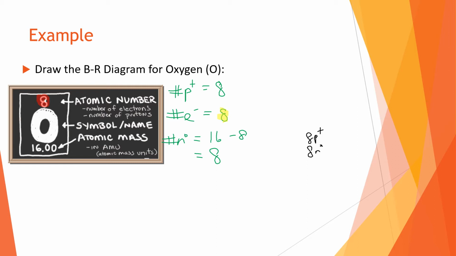So if we have 8 electrons to place, well, the first orbit is only going to contain 2. So I'm going to draw the first orbit here. Okay, and that orbit is going to contain 2 electrons.